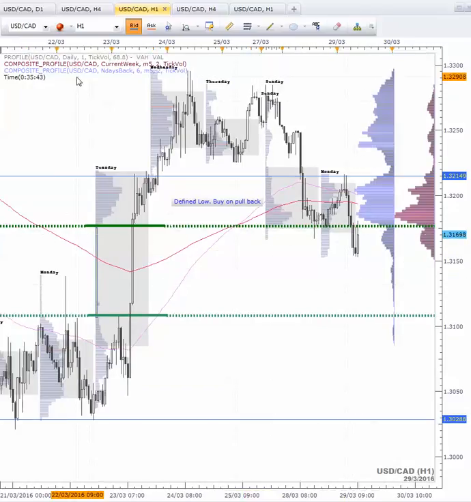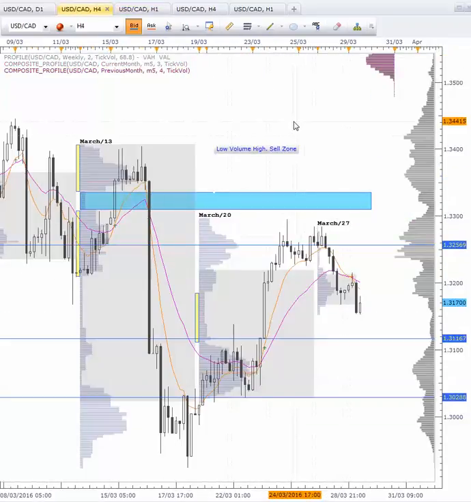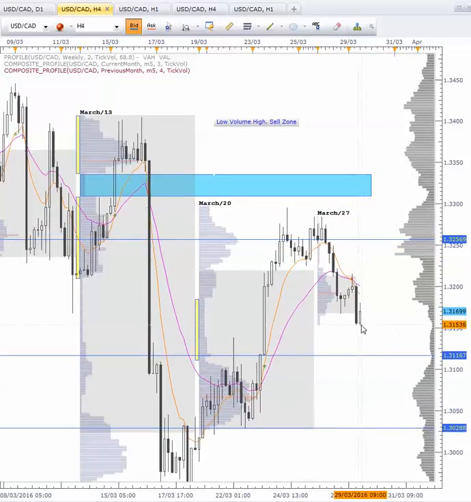But now we've been accepted below this, and so on a monthly, this month we're sort of sitting right at this. If it breaks down below the low from overnight, then it's coming all the way down to 131.167.